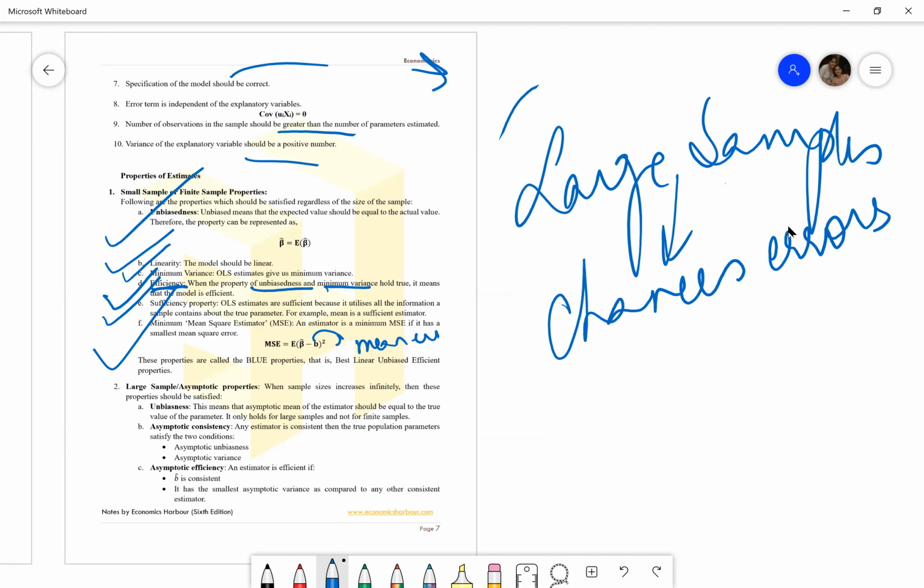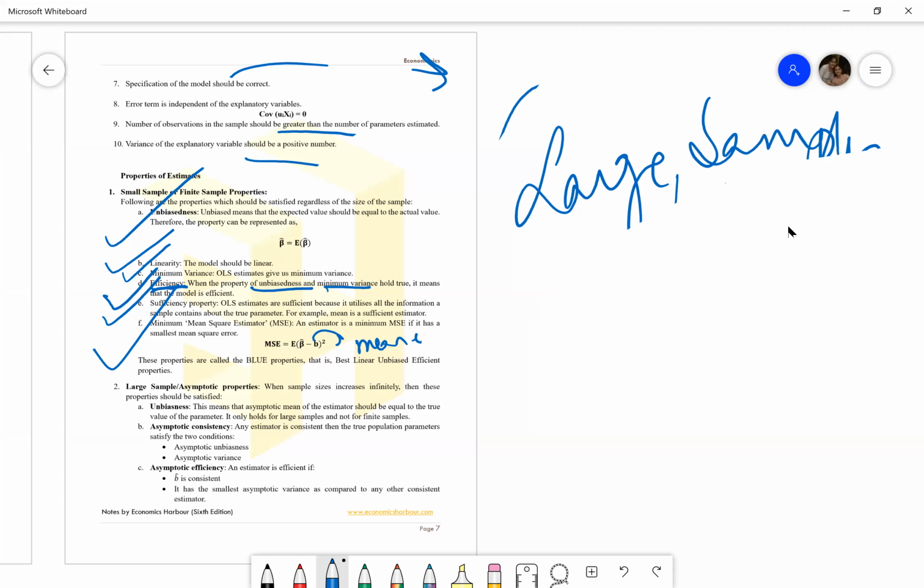If I say that the more the variables, the more the observations, it is better for the model because you're moving closer to your population. So the chances of errors decrease. In large samples, these properties should be satisfied.